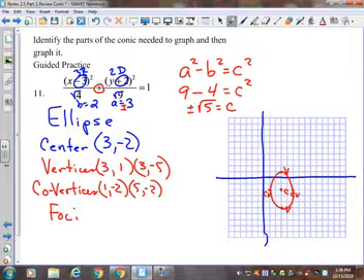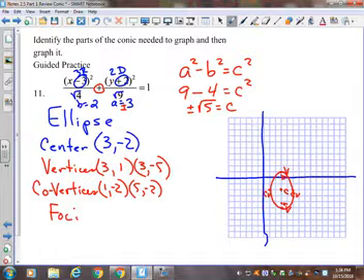And how I know which way to move, if it's up and down or left or right, is move the longer way. See, A was under Y, so C has to be about Y. So that's why knowing that's A is important, because A and C have to be the same direction. Now the square root of 5 is a hair over 2. So we're going to go up 2 and just a hair more and put a dot, and that's one of my foci. And we're going to go down 2, and just a hair past it, and put my other foci.